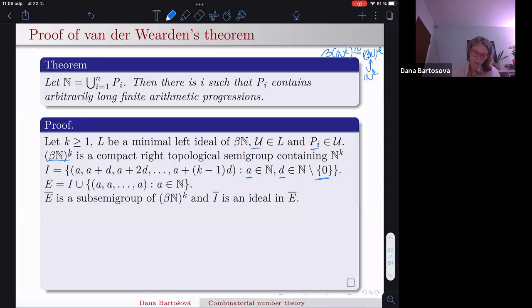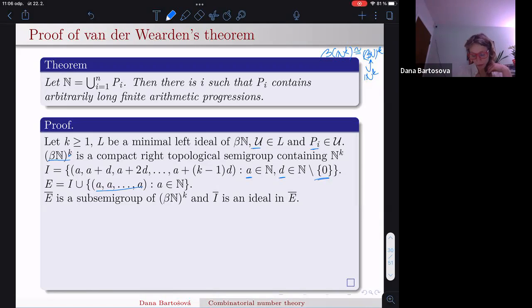But then we will also define something bigger, and this is technical because that's what gives us the proof, and that is that we add to it also those constant sequences. So we have the arithmetic progressions, this is what we really want, and then it turns out that we can show that this E is a subsemigroup, obviously.